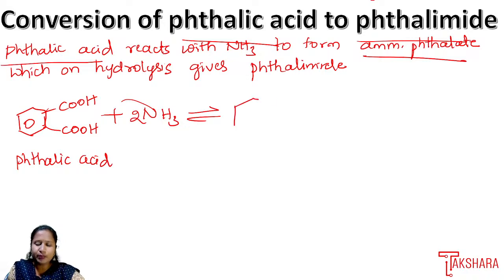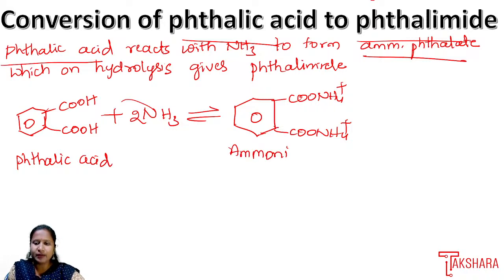So we will get the product, what? Benzene ring with COO NH4 plus and COO NH4 plus attached, we call it ammonium phthalate. Okay, ammonium phthalate we get as the product.